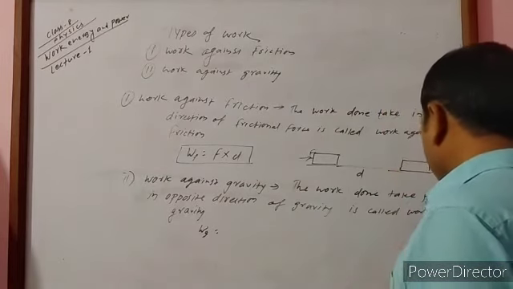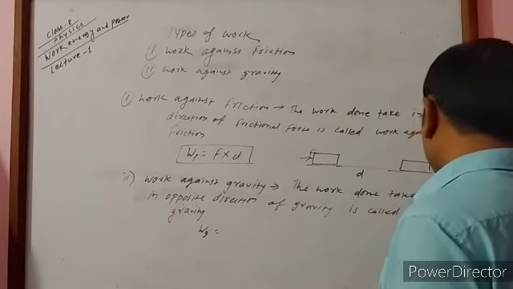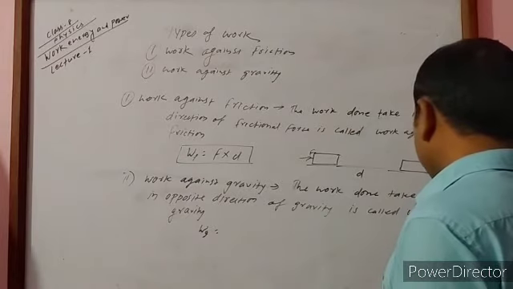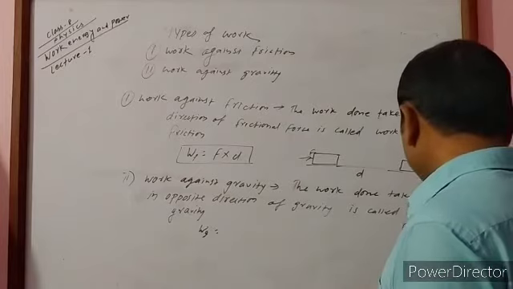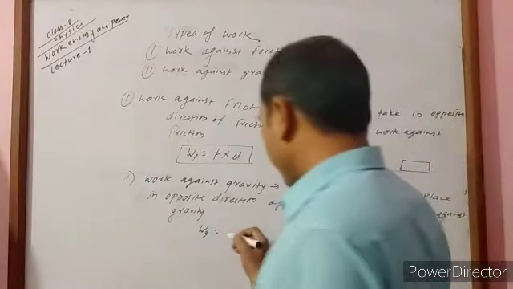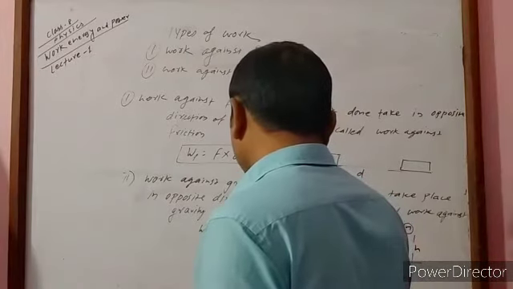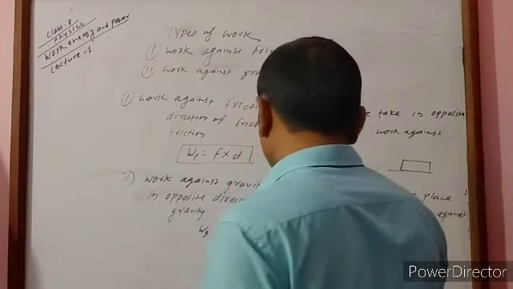Like, there is a ground, and when we throw any object vertically upwards, there is a height, this is the displacement. If m is the mass of the body and g is the acceleration due to gravity, then we already know F into s or F into d.